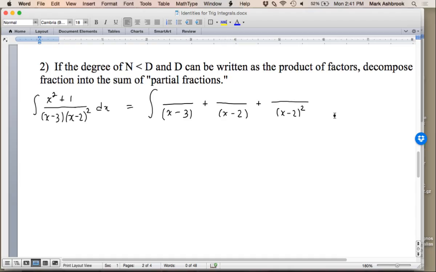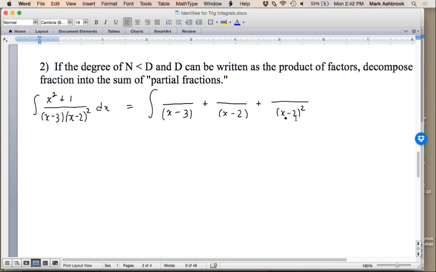Okay, well then you ask, why not x minus 2 times x minus 3? No, because that would be taken care of by these two added, right? So x minus 2 times x minus 3 is already implied by adding these two. But just x minus 2 squared is not covered by just having 1 x minus 3 or 1 x minus 2.